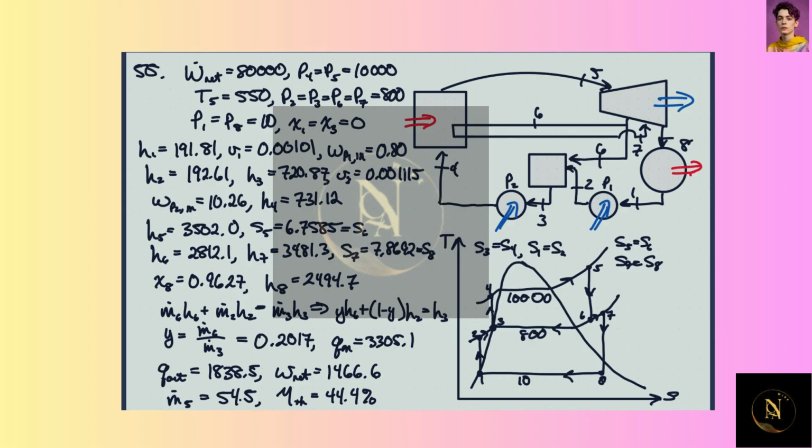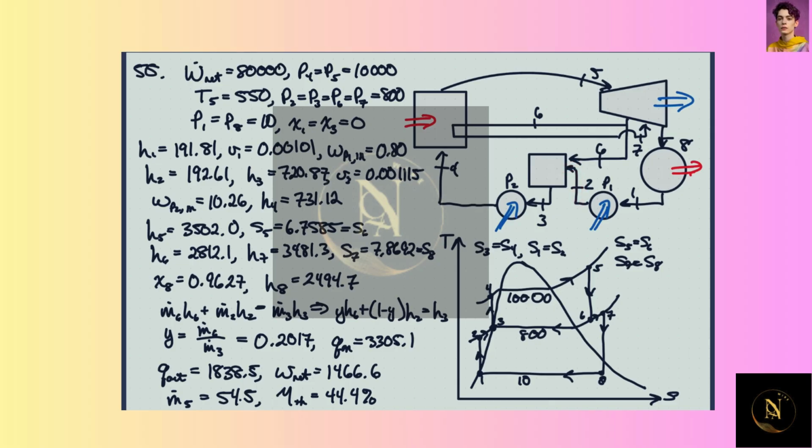So let's say we start at 1. We pump the water out of the condenser up to a pressure of 800 kilopascals.